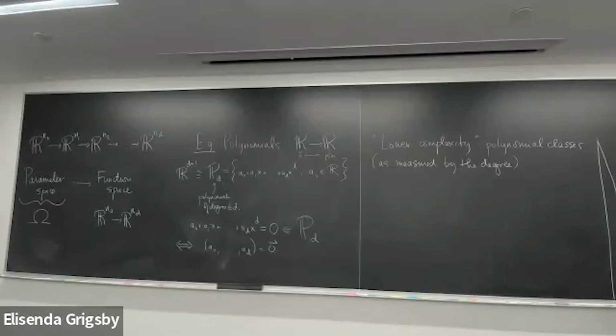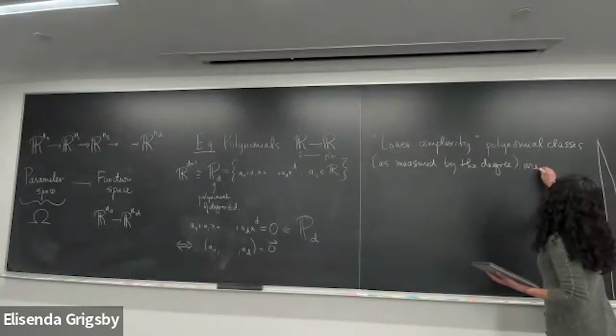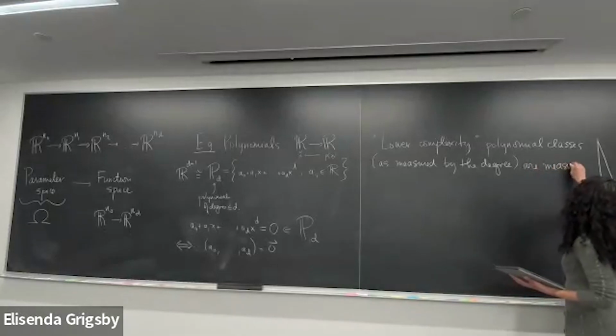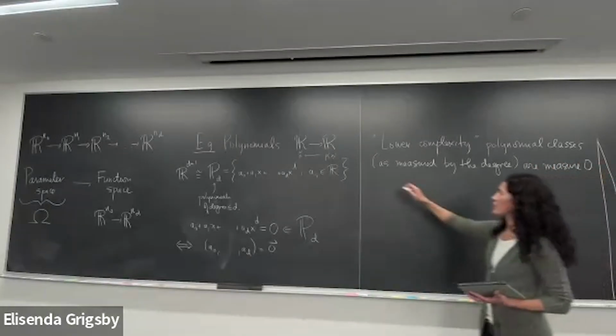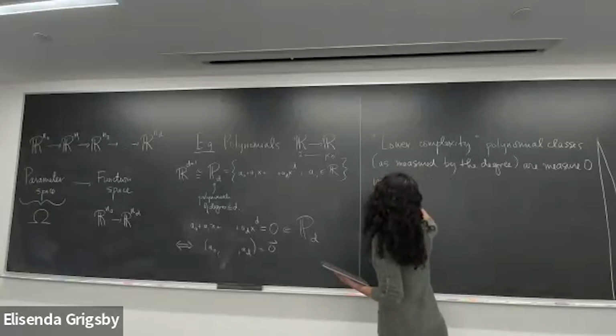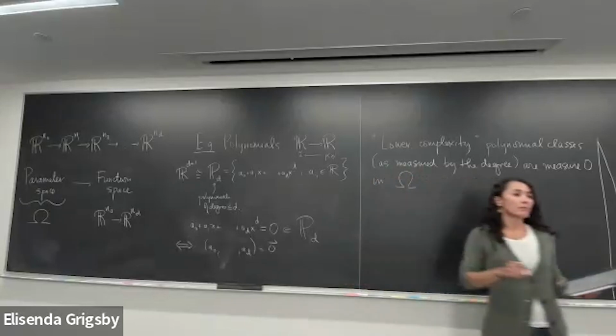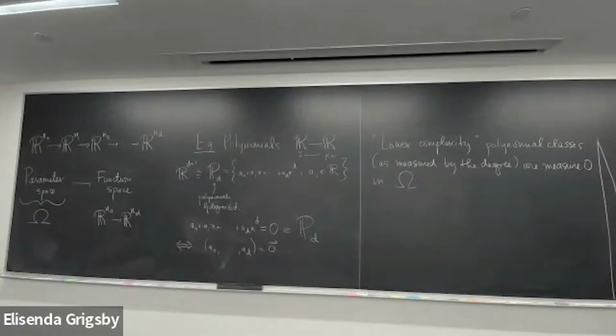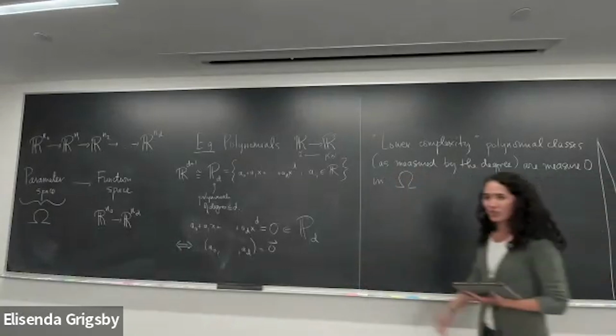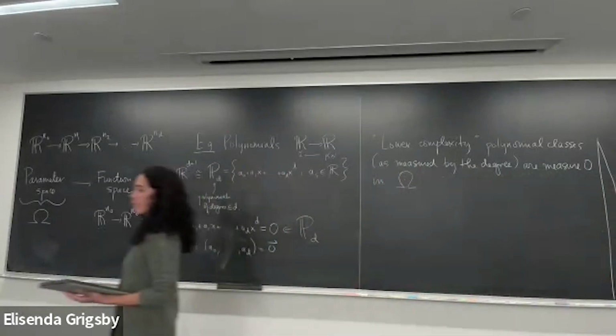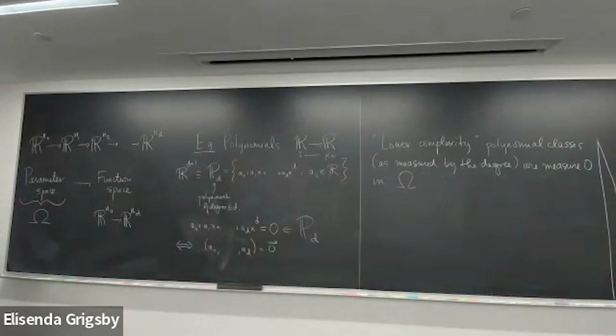So lower complexity polynomial classes as measured by the degree are measure 0. I haven't really talked about what we mean by measure, but for now, just think of measure 0 as meaning lower dimensional.